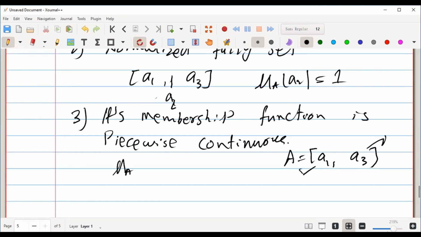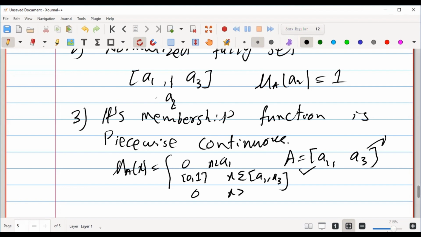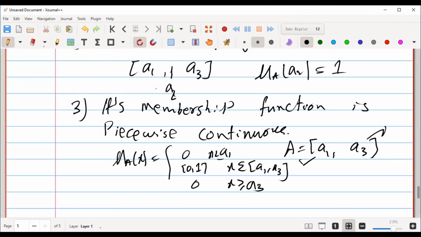For example, the membership function of any number x is 0 if x is less than a1, it is between 0 and 1 if x belongs to [a1, a3], and its membership function is 0 if x is equal to or greater than a3. So we define the membership function of a fuzzy number as a piecewise continuous function.